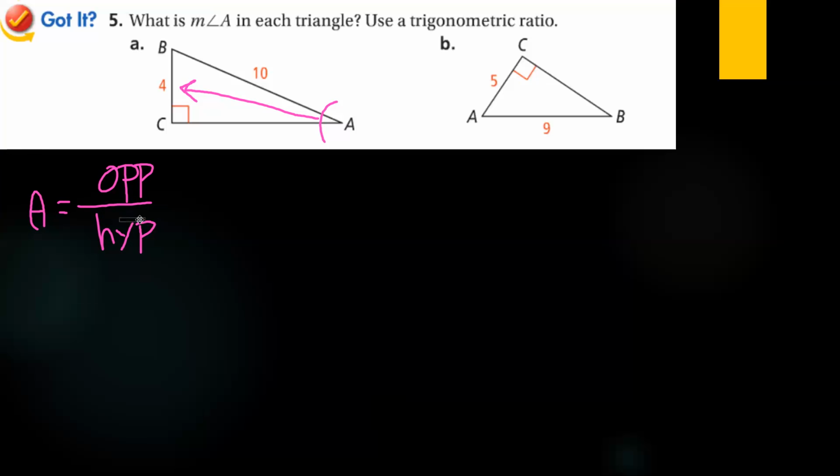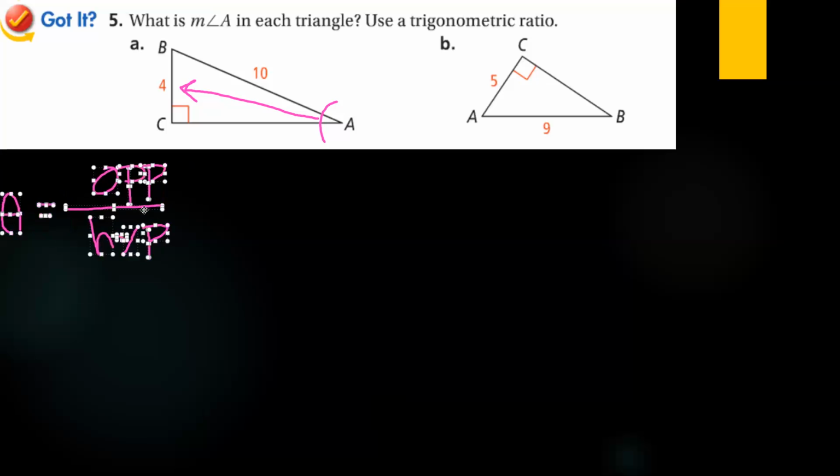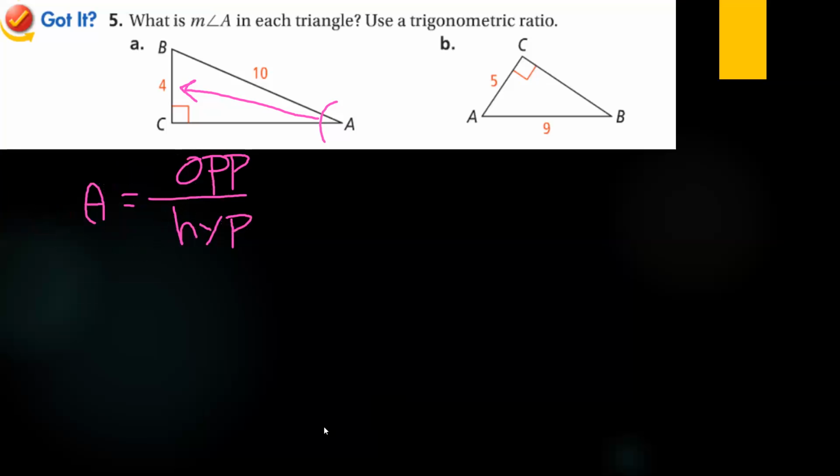So it is sine. Then sine of A is 4 over 10. But as I told you before, I don't need sine, sorry, I need A only.